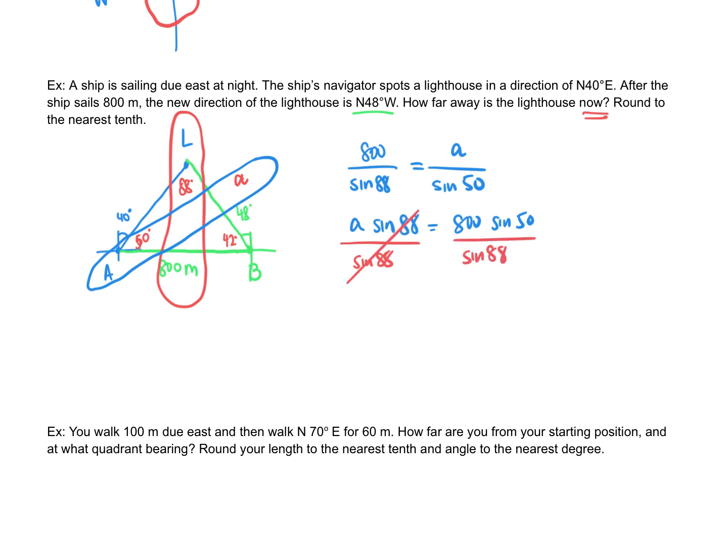So we'll do that to both sides, and we're going to round to the nearest tenth. So when we punch in 800 times sine 50 divided by sine 88, we get approximately 693.2 meters.